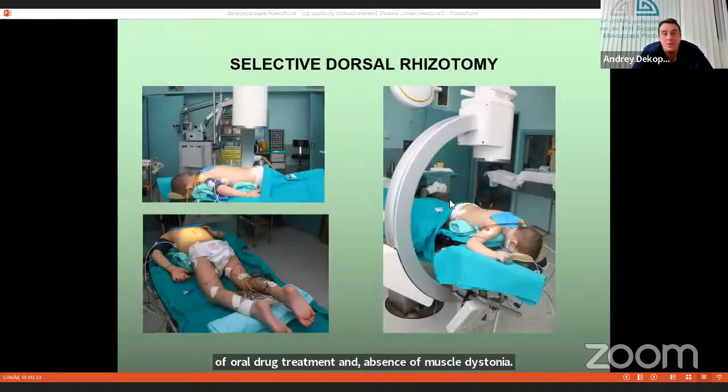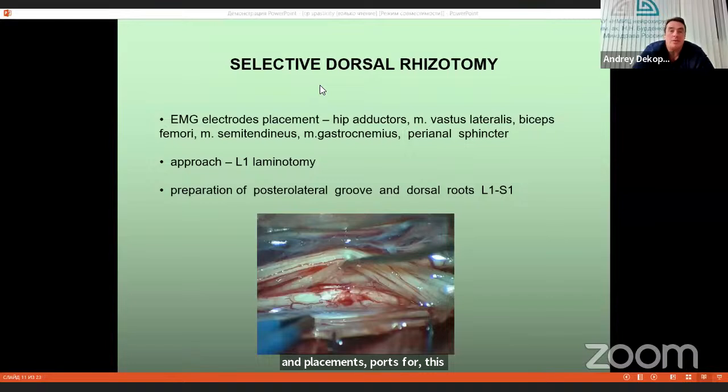This picture shows a position of patient for SDR, X-ray mapping, and placement of the electrodes for EMG, intraoperational EMG. The EMG electrodes were installed in the following muscle groups: hip adductors, musculus vastus lateralis, biceps femoris, semitendinosus, gastrocnemius, and also in the perianal sphincter to prevent bladder dysfunctions after the operation.